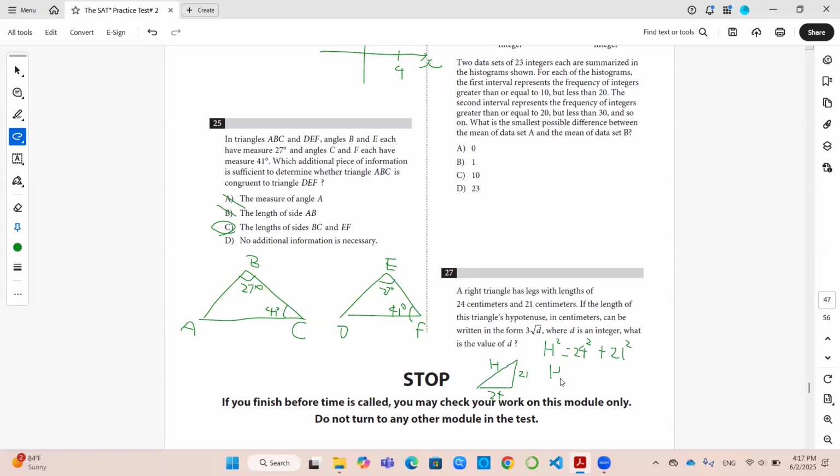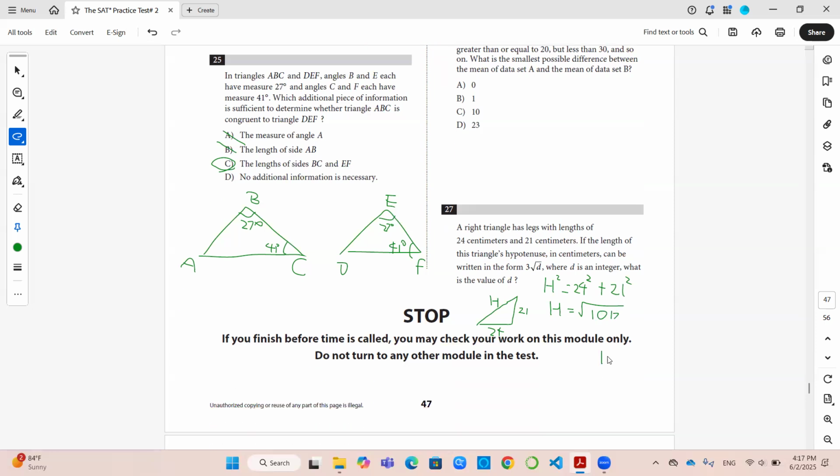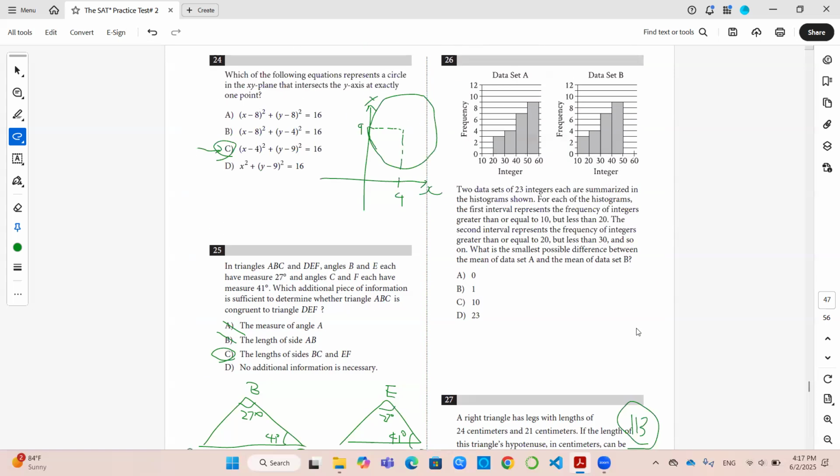So if I want to find h, what's 24 squared plus 21 squared? That's 1017. I'm going to keep dividing 1017 by 3 because I have the 3 in front here. So this becomes 339, and then it becomes 113. So 3 square root 113. We're only looking for d, so 113 is the correct answer for 27.